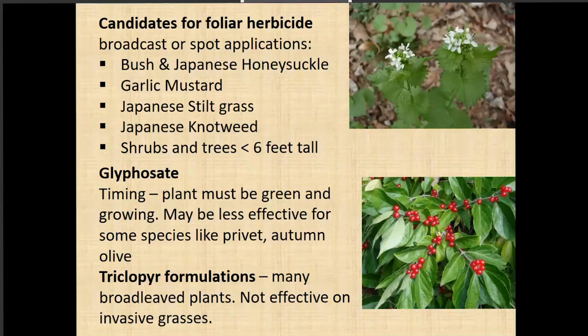We can also use the triclopyr formulations, typically the amine formulations, the water-based, as foliar applications. But it needs to be recognized these are broadleaf herbicides that are not going to be effective on invasive grasses, whereas glyphosate has a broad spectrum of control over a wide variety of plants, both grasses and broadleaves.